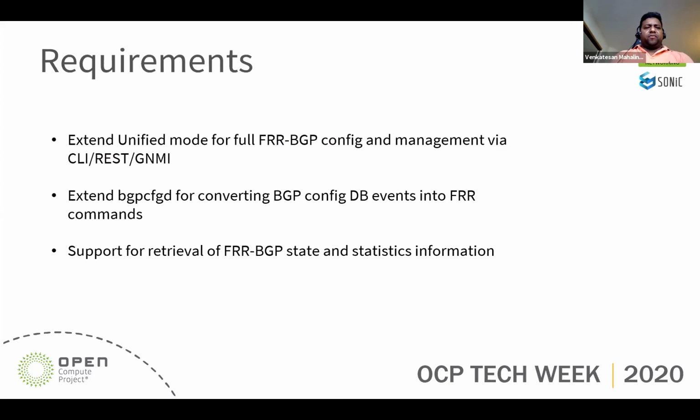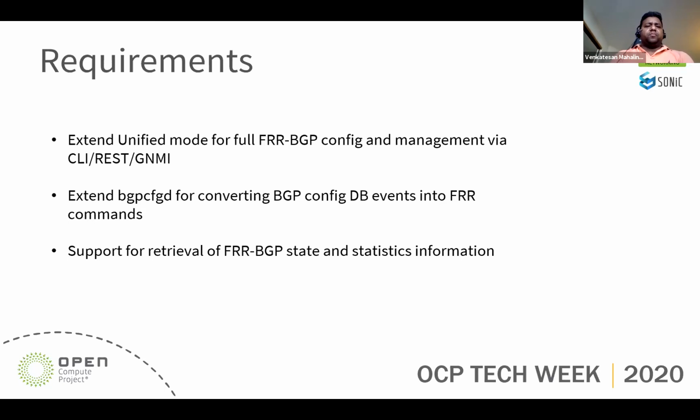We found different config types. For example, separated, wherein we have individual feature config files, and unified, wherein we have a single frr.conf with all the FRR commands. The default config type supported is separated, so we wanted to retain that separated mode with all the individual protocol feature-specific configuration files.